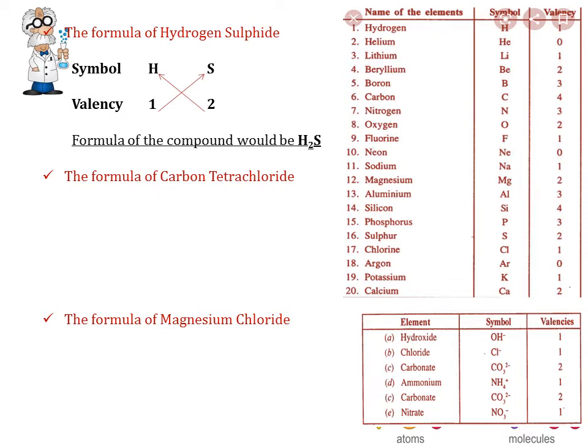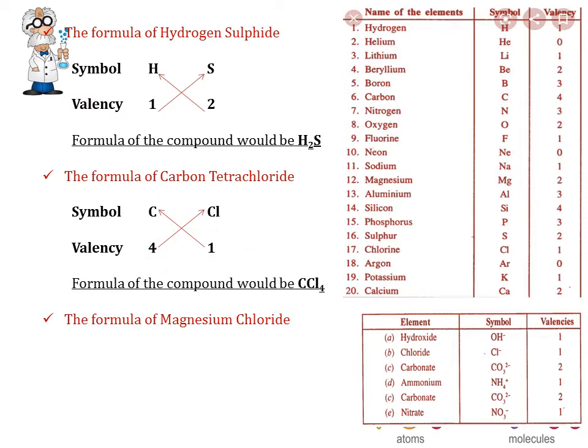Therefore, the formula of the compound hydrogen sulfide would be H2S. Now let's see the formula of carbon tetrachloride. Here the constituent elements are carbon and chlorine. The valency of carbon is 4 and for chlorine it is 1. We cross over the valencies, we have C1 and Cl4, right? So the formula of the compound would be CCl4.